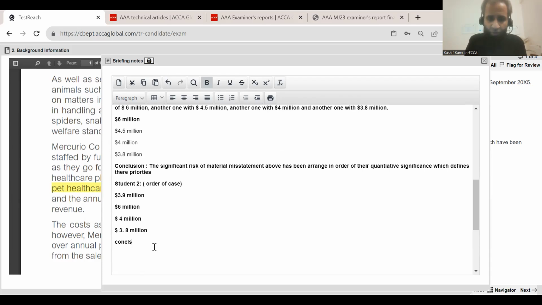Now, in the conclusion, you have to give a conclusion for the prioritization. So prioritization will come in the conclusion.